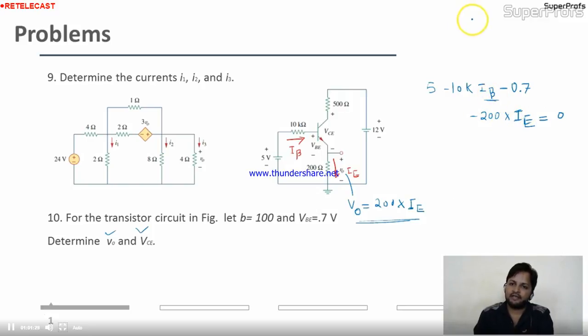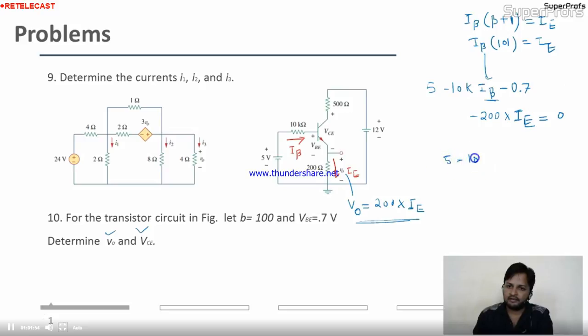How will I replace this IB? Because I know IB times beta plus 1 is nothing but IE. Beta's value is given as 100. So IB times 101 is IE, so I'll replace IB by IE over 101.